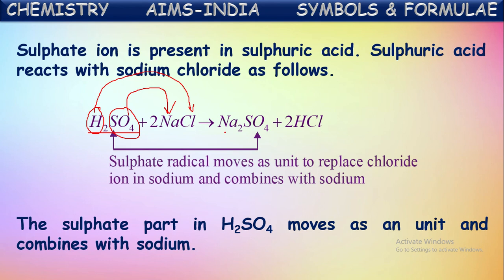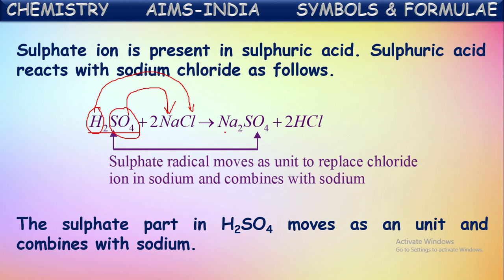So this total sulfate is considered as one unit and it reacts as one unit with the sodium. That's why the sulfate is called either an ion or a radical. This group of atoms carrying charge are called radicals specially. Sulfate is a radical. Radicals are also commonly called ions, no wrong.